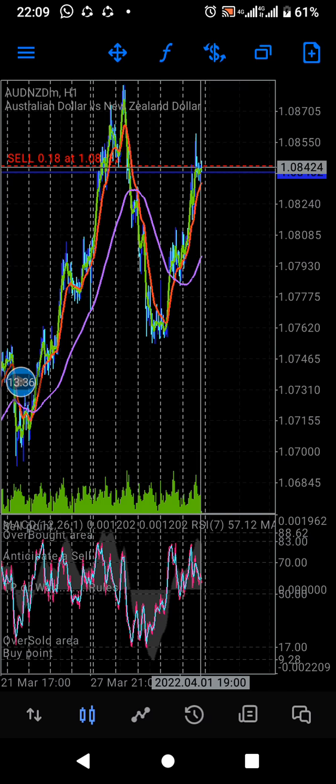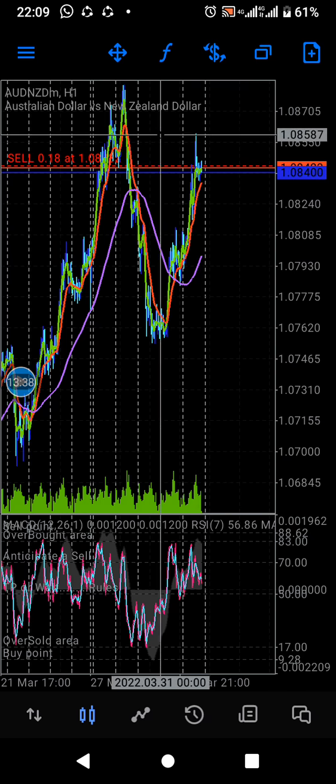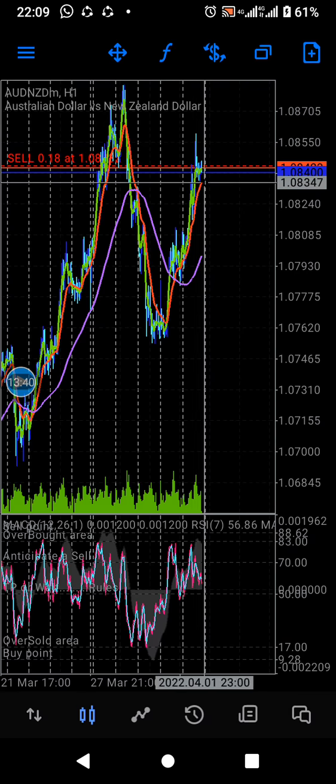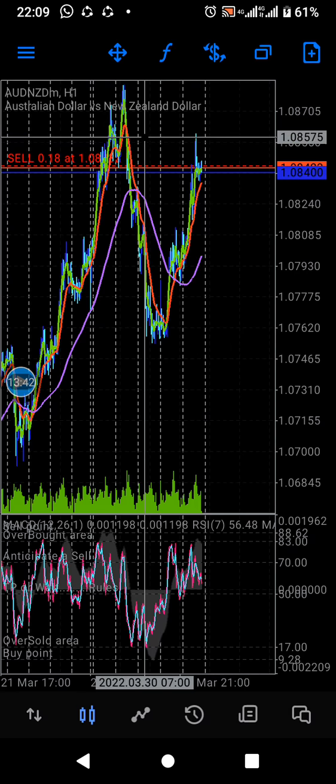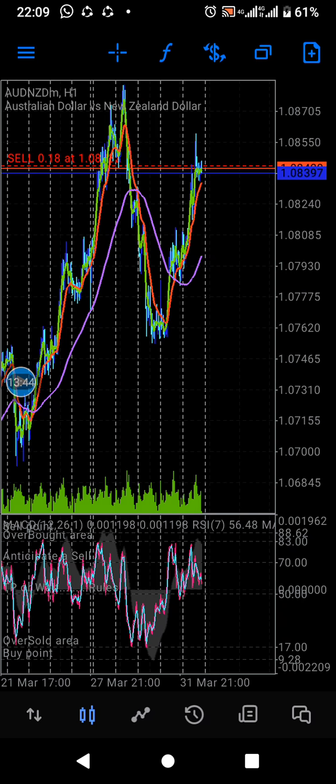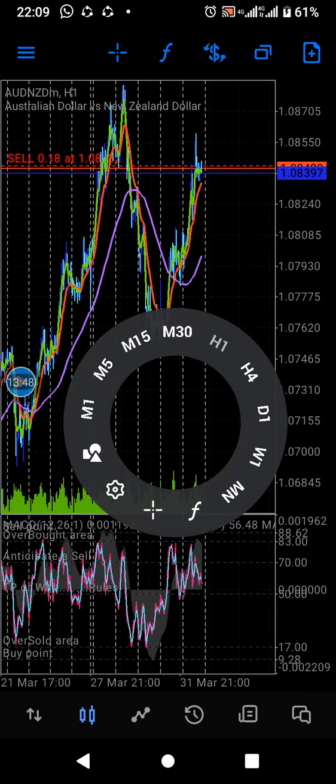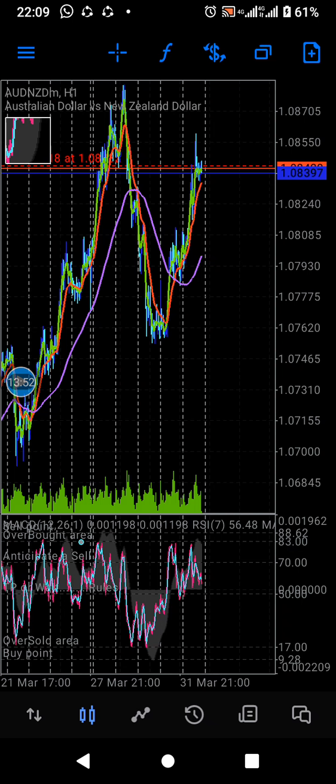From here to here, I know that this green is going to cross the red, coming down. You know why? Because of our MACD. Our MACD showed us something like this. Already confirmed a downward move.